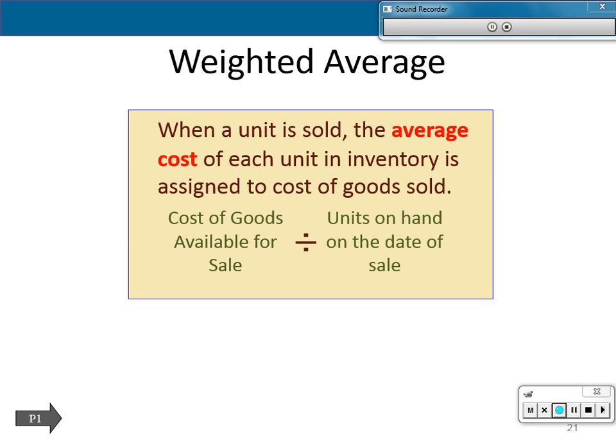Cost of goods available for sale divided by units on hand on the date of sale. Got it?